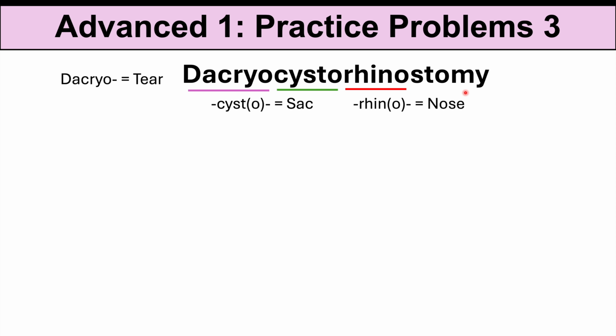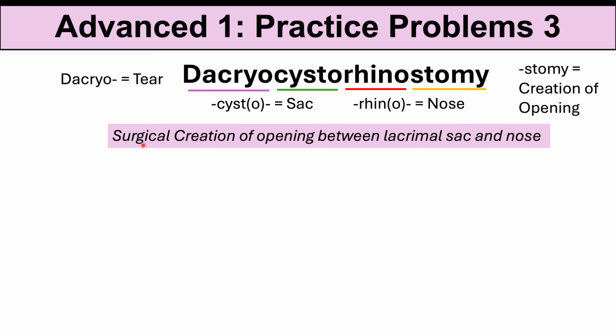You can think of rhinoplasty or rhinitis, which is an inflammation of the nasal cavity. And the suffix stomy is actually a surgical term meaning creation of an opening, and it's going to be surgically related. So if we put it all together, dacryocystorhinostomy refers to a surgical creation of an opening between a lacrimal sac and the nose.